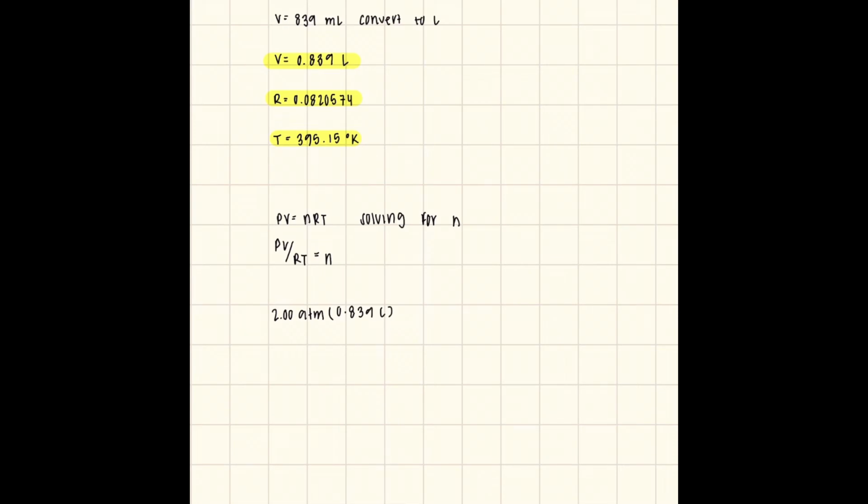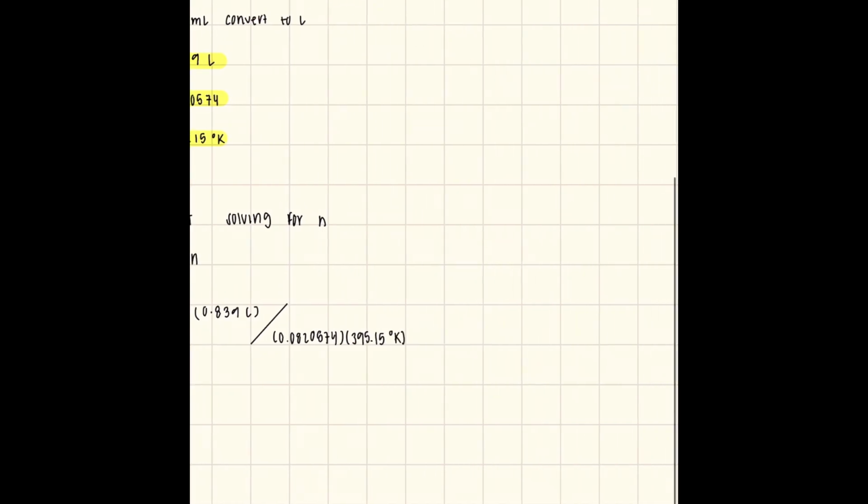We're going to write that down. We're going to divide that by our R value, 0.0820574, and we're also going to multiply that by 395.15 degrees Kelvin.